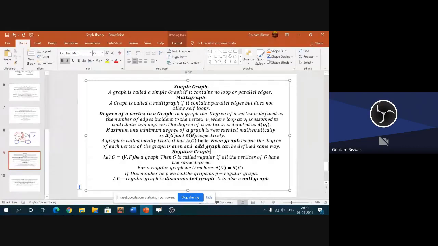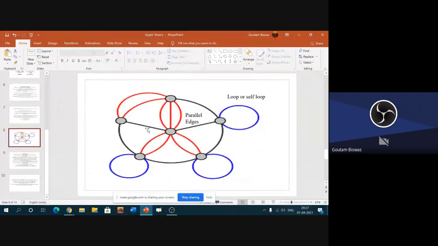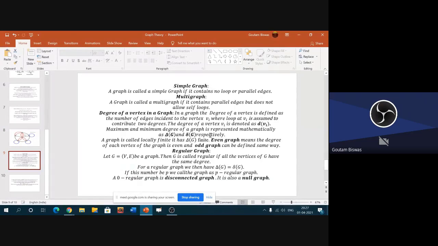Even graph means the degree of each vertex is even. Now see, this is an even graph, not even degree of the vertex. A graph is called even if all the vertices of the graph have even degree.